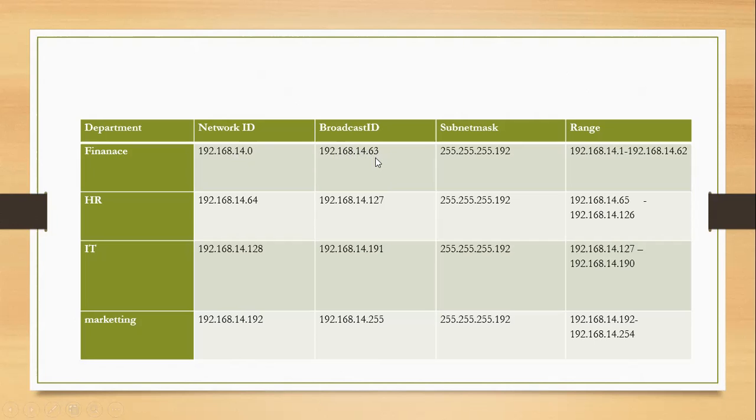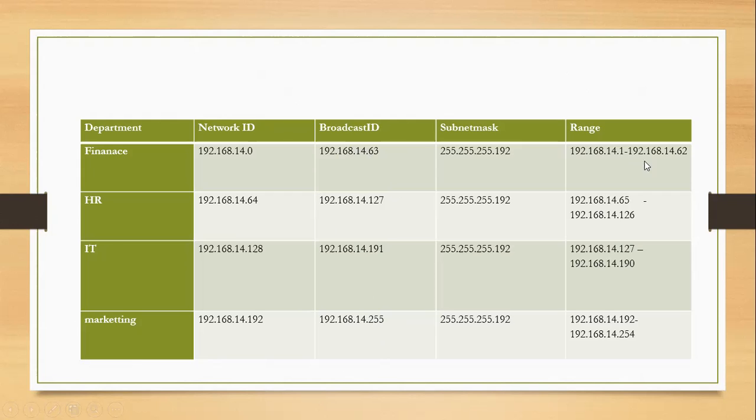For the HR department, it starts from 64 and goes up to 127. For the IT department, it is 128 to 191. And for marketing, it is 192 to 255.